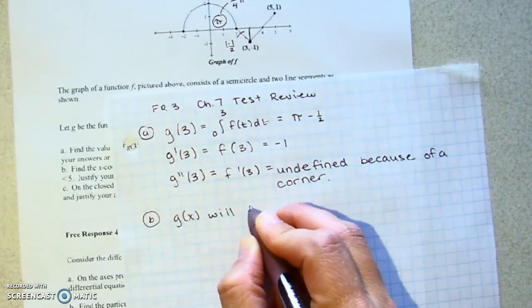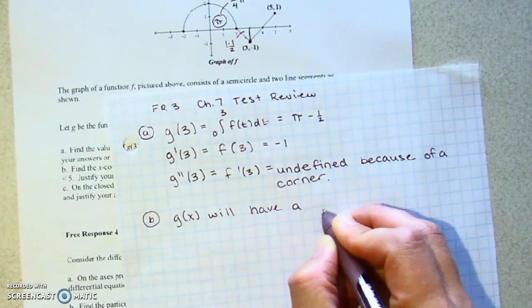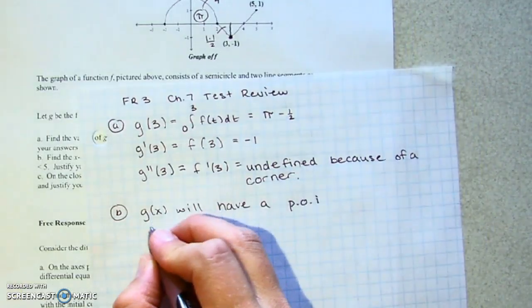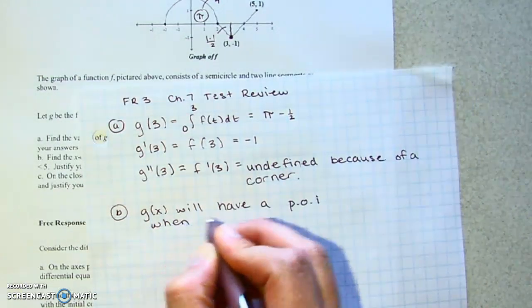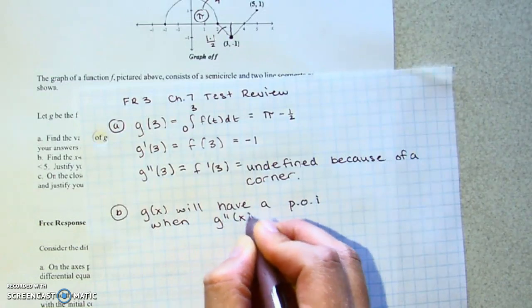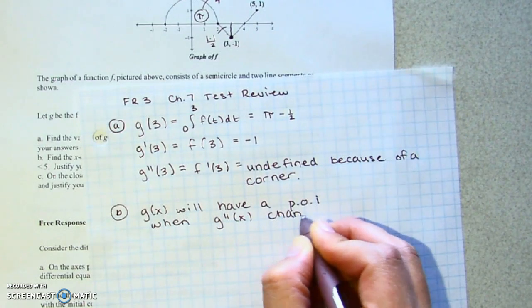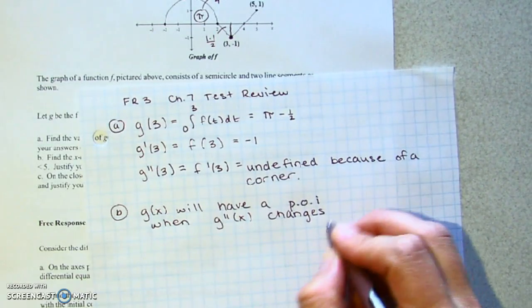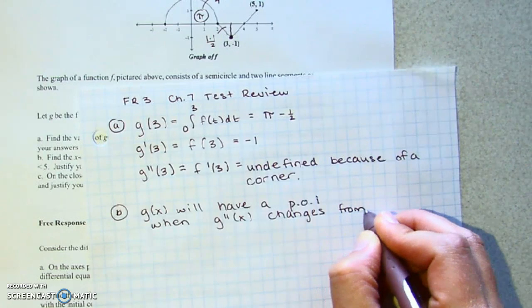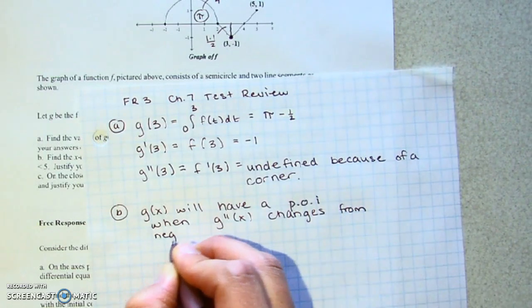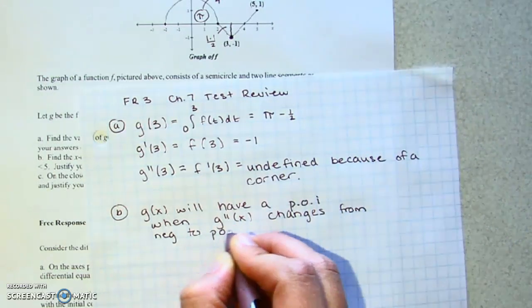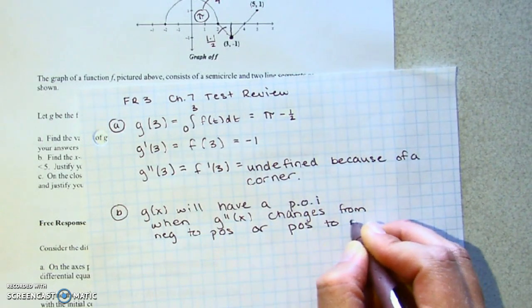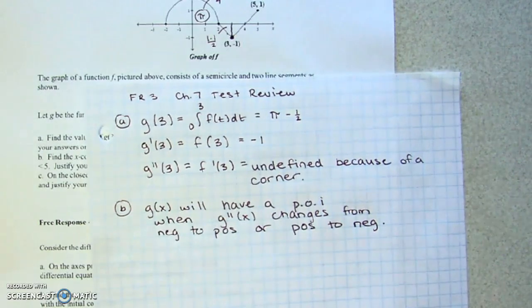So g will have a point of inflection when g double prime changes. These are those definitions you wrote in first semester, from negative to positive or positive to negative, okay?